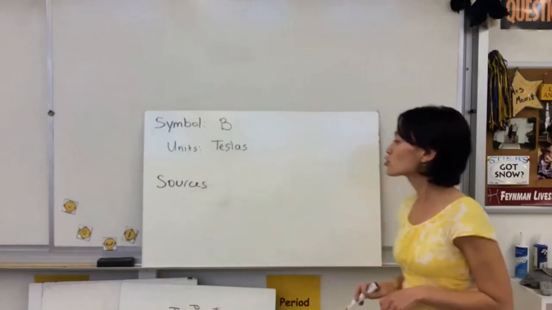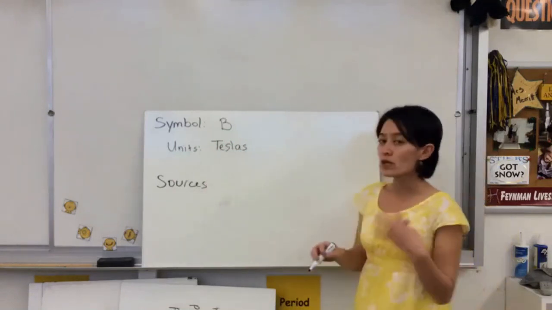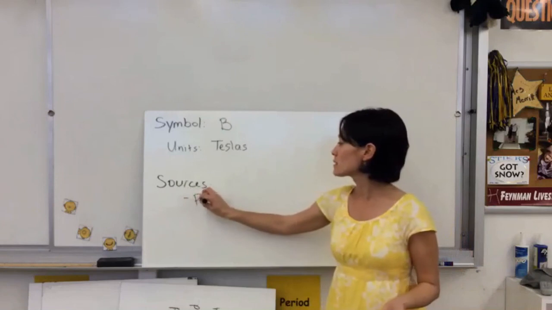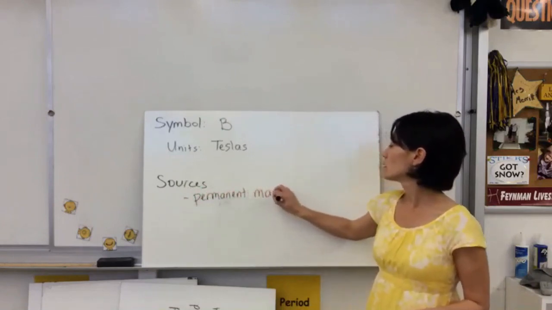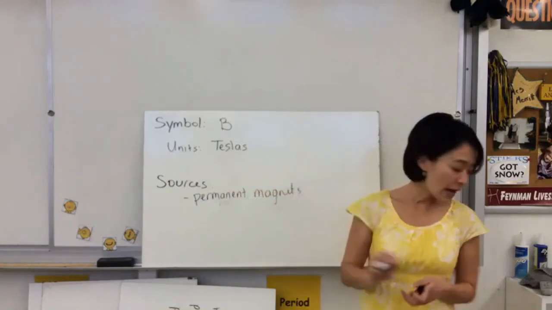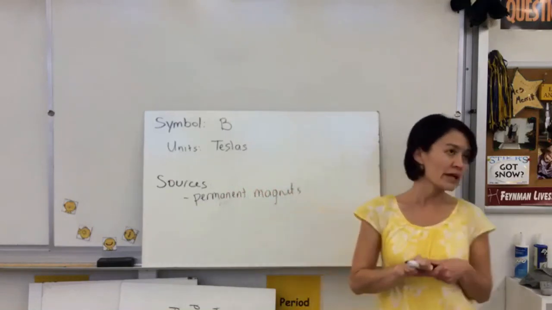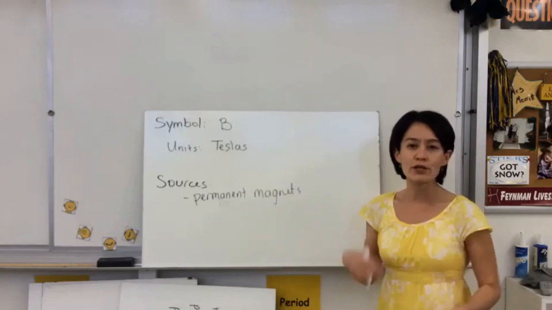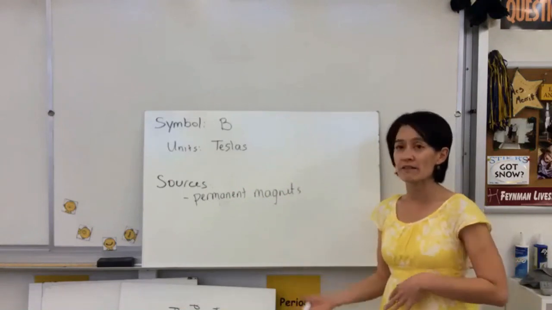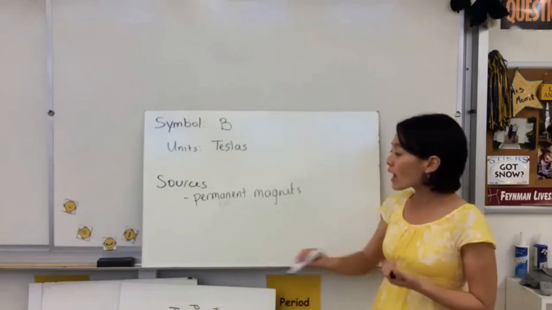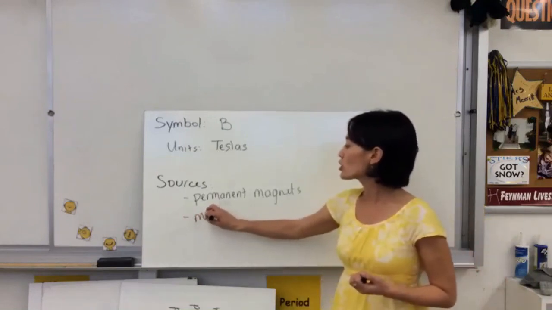In terms of sources of magnetic fields, we talked about permanent magnets. Those are ferromagnetic materials, so iron, cobalt, or nickel, that we put in some external magnetic field and line all those domains up. The other source is moving charges.